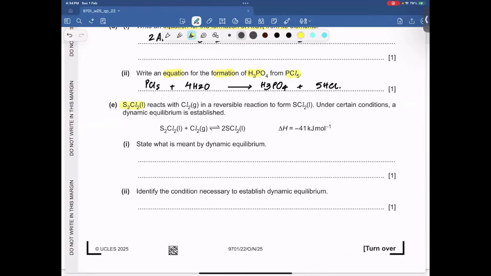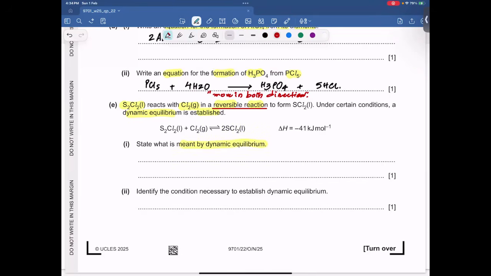S2Cl2 is a liquid that reacts with chlorine in a reversible reaction. Reversible reactions are those which move both in the forward as well as in the backward direction, also called two-way reactions, all right? That is forward and backward. Under certain conditions, dynamic equilibrium is established. What is meant by dynamic equilibrium?